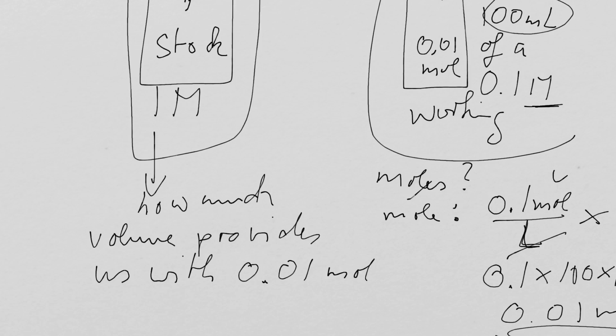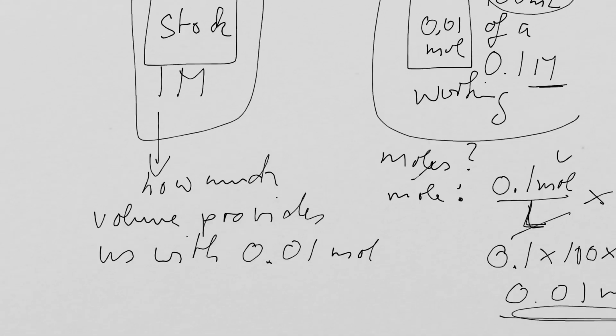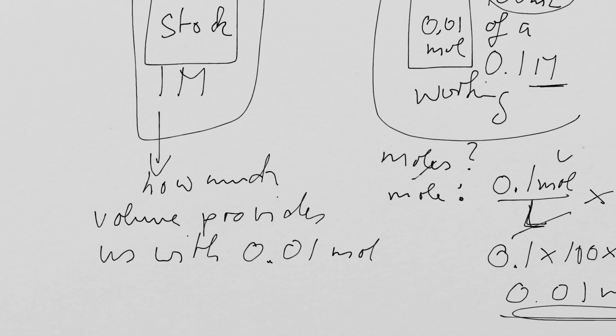Does that make sense? This question. How much volume do we have, or do we need to take, so that we have exactly 0.01 mole? So what were you looking for? What is that we are looking for? Well, we are looking for a volume, in this case, liter.